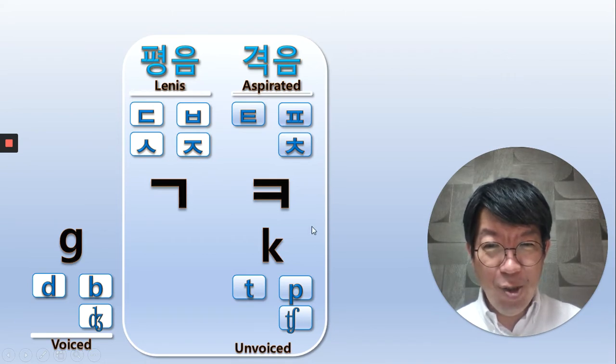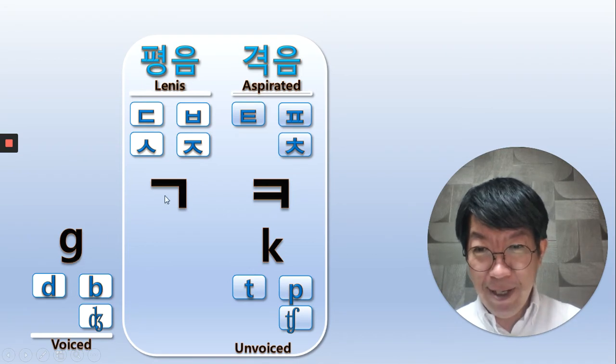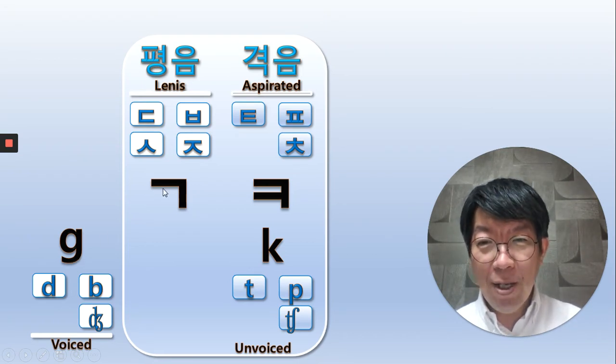Later, to this k we put the mark h. So kh is this one. Anyway, k is g. And also, some teachers said this Korean g is like English g. And as you hear, it's quite similar, right? The reason is that when you pronounce a consonant, as I said, we put a helping vowel here.